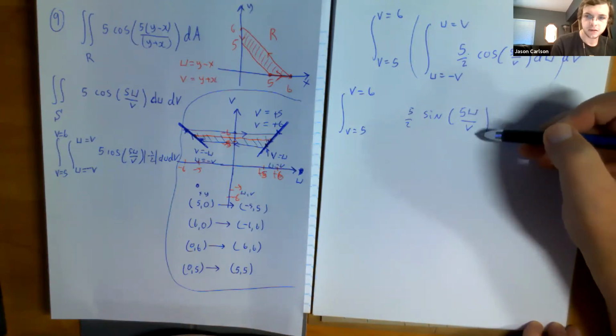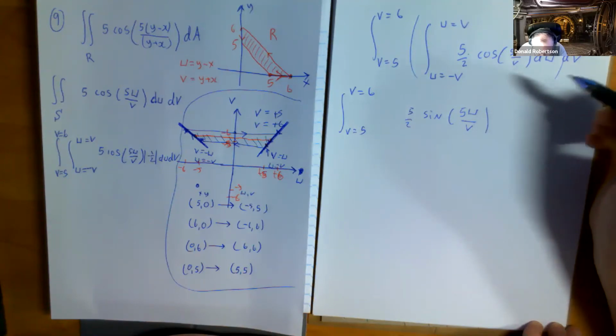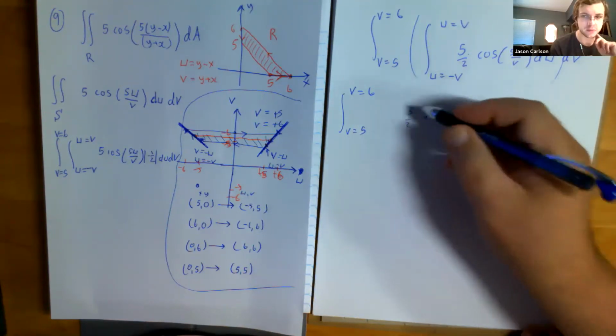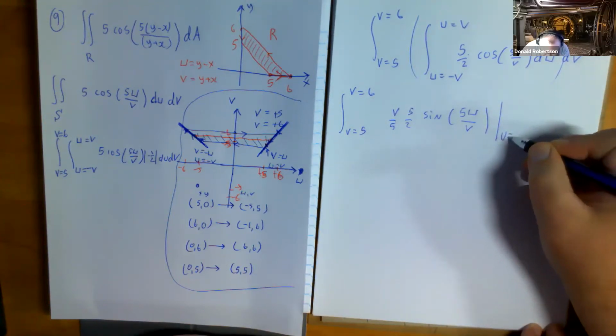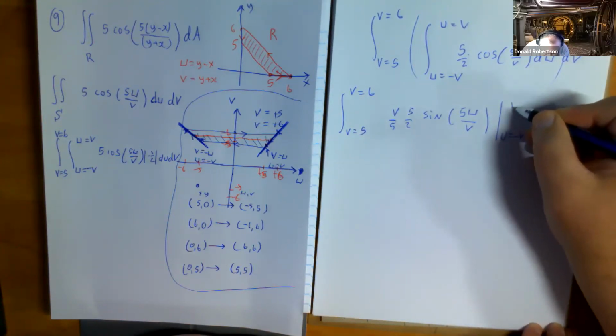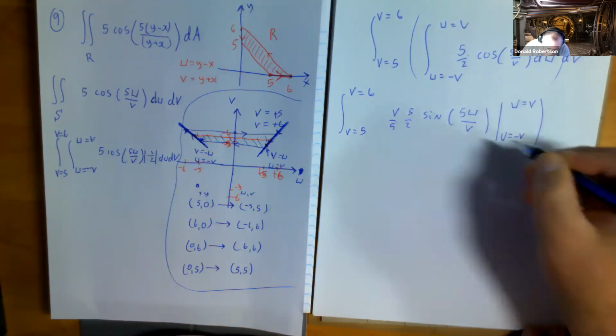About 1/5. There's a v as well, isn't there? So v over 5. And we're going to evaluate it at u equals negative v and u equals positive v.